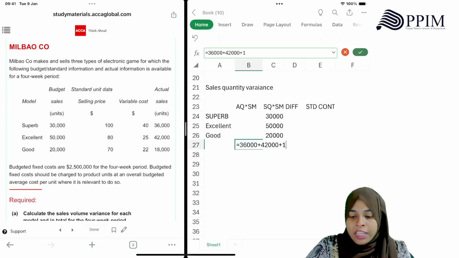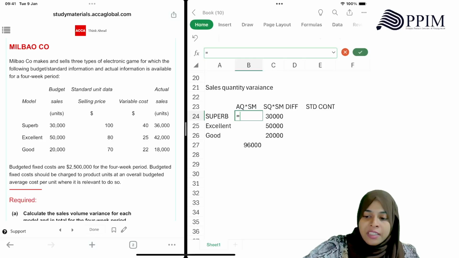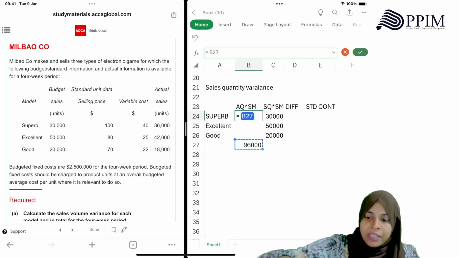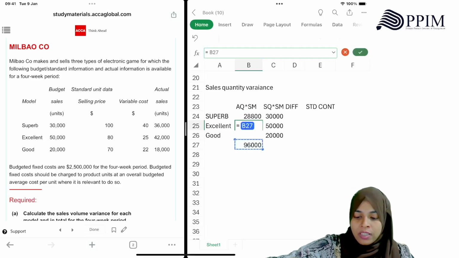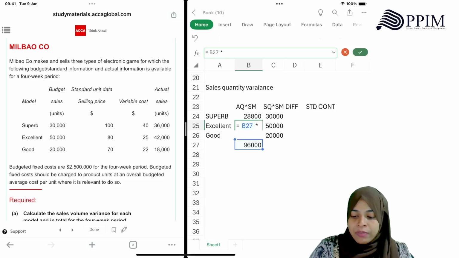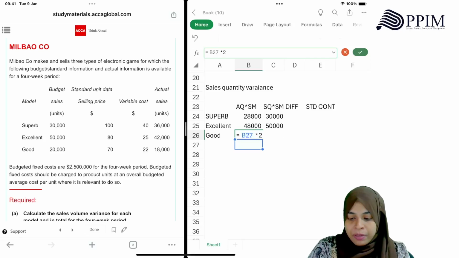Actual quantity, if this was sold in the standard mix: 96,000 multiplied by 3 divided by 10, 96,000 multiplied by 5 divided by 10, 96,000 multiplied by 2 divided by 10.